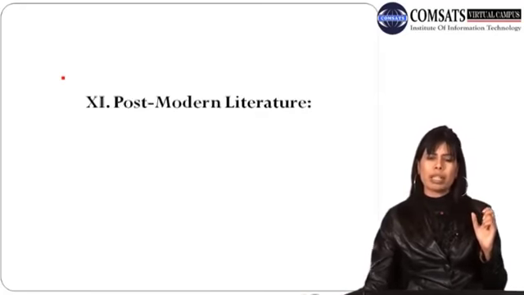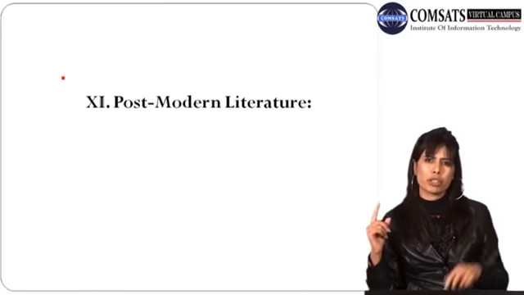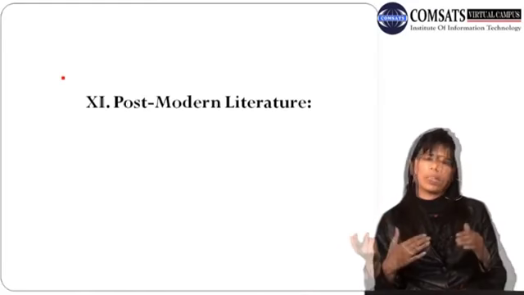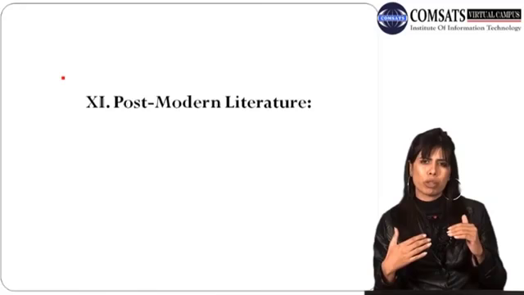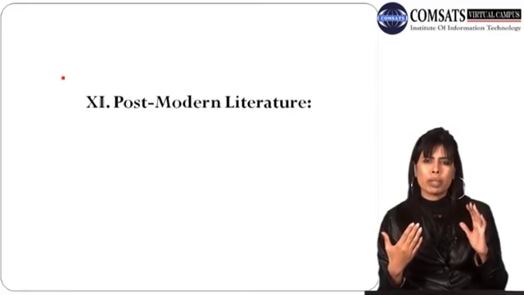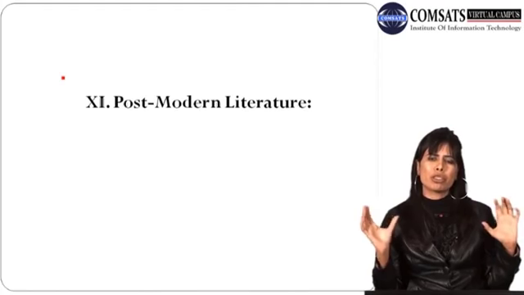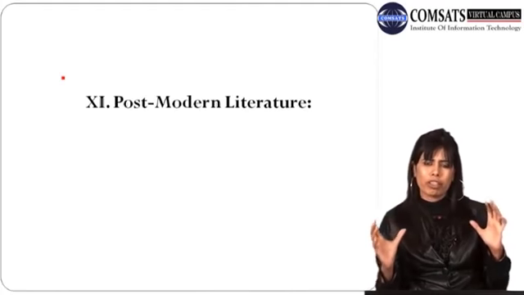Then postmodern literature. After modern literature, let me give you a briefing of modern literature. That was an age of scientific inventions, scientific advancements, technology was on the very top. So my dear students, later on they used to have scientific formulas everywhere, even in literature.